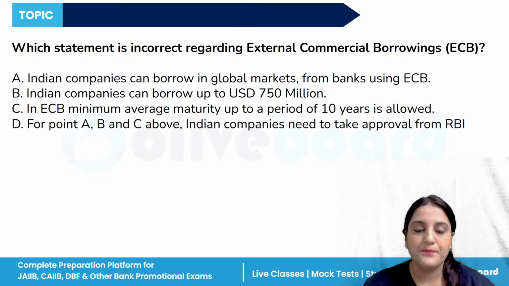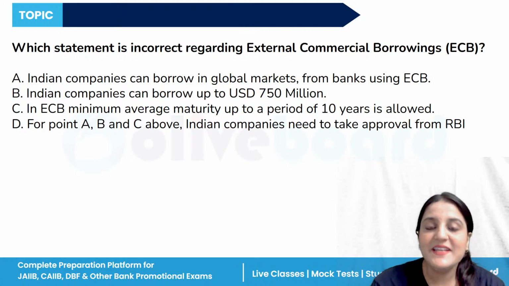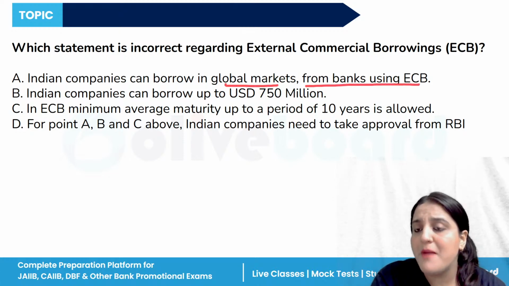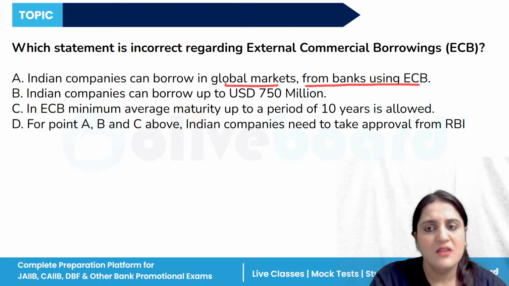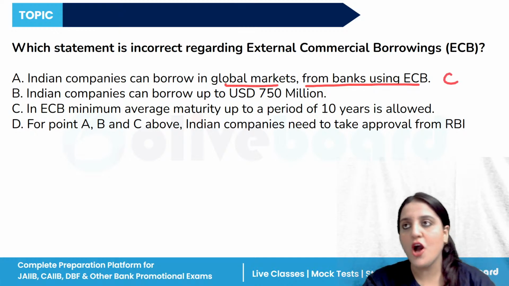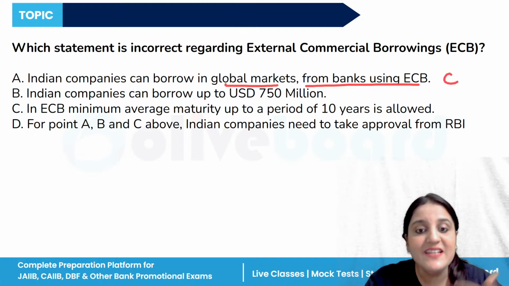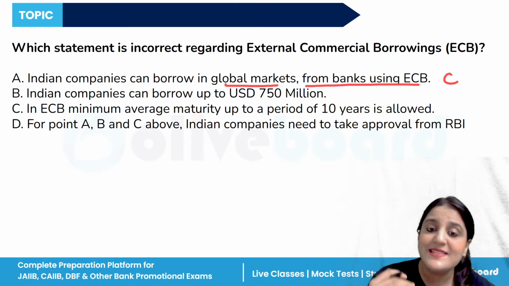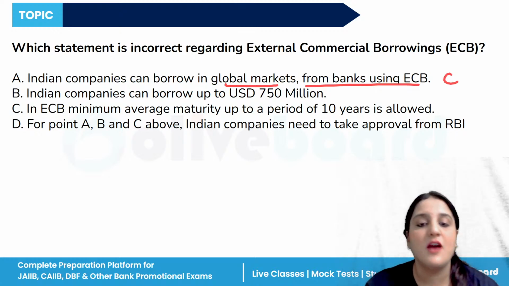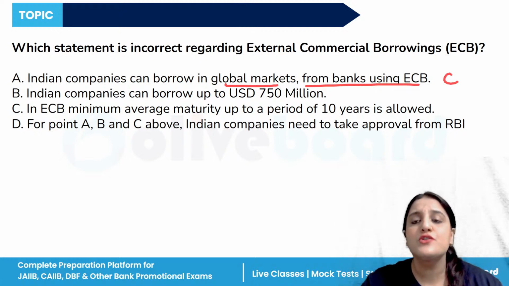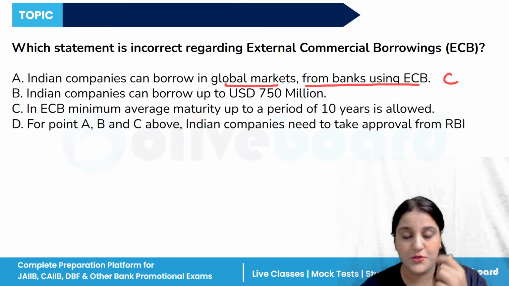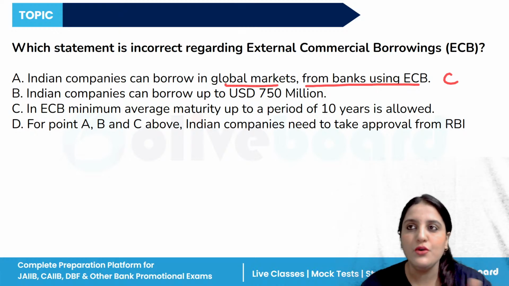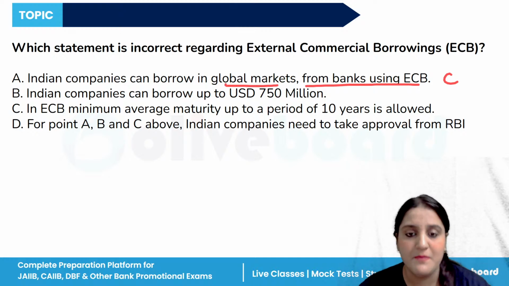The first option says that Indian companies can borrow in global markets from the banks using ECBs. This is correct, because Indian companies are allowed to raise funds through external commercial borrowing from foreign sources. Then the second option says Indian companies can borrow up to US dollar 750 million.